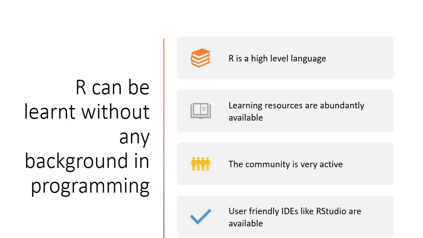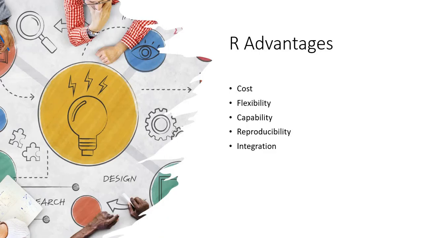And then the question is, okay, we understand that there are certain advantages associated with using R, but is it not a programming language, and programming languages are notoriously difficult to learn for people who do not have a background in computer science.